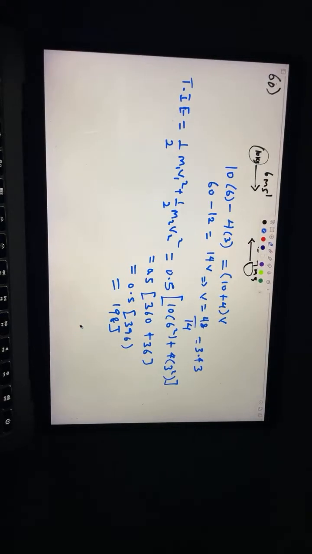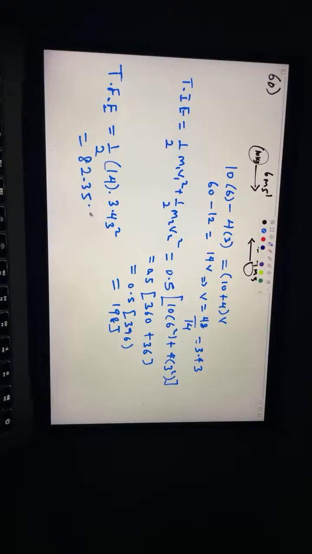Now, after it had undergone that collision, total final energy will be 1 over 2. This time around, they are moving together with a combined mass of 14, and we have been able to get the velocity with which they move together. That's 3.43 squared times 14 over 2, which is approximately 82.35 joules.